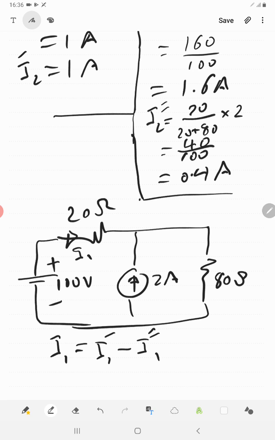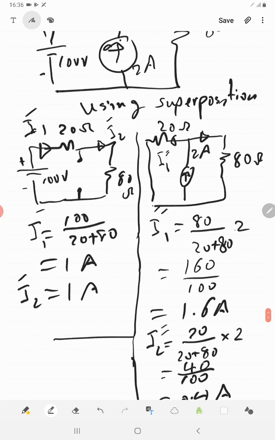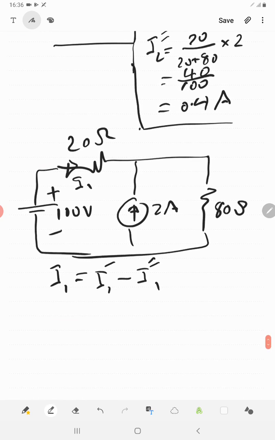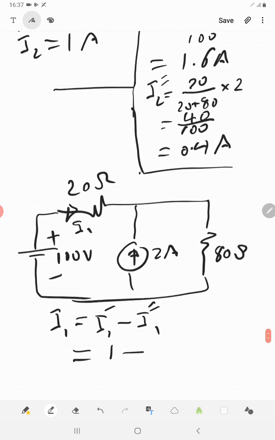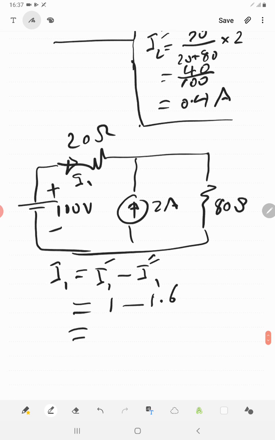Why minus? Because in the second circuit, you see the direction is the opposite to the first circuit. So in the first circuit it should be plus, and in the second circuit it should be negative, minus. So this will be 1 minus 1.6, so it will give you minus 0.6 amps, okay?